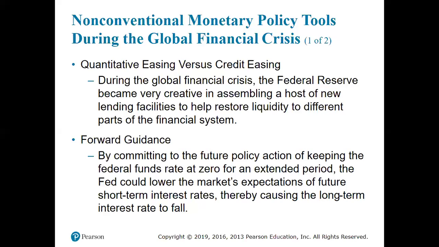They're saying, nope, rates are at zero, and we plan on keeping them at zero for an extended period. And as I say, something that hadn't been done previously and was kind of a new, unconventional tool that they utilized.